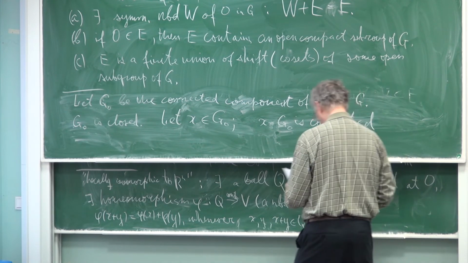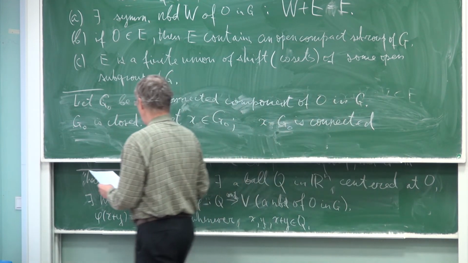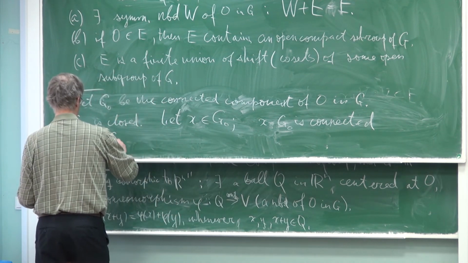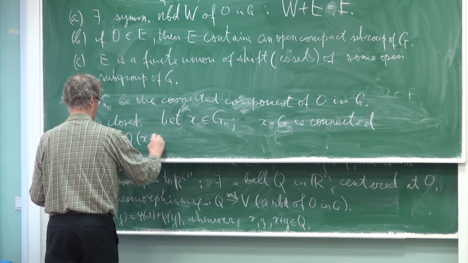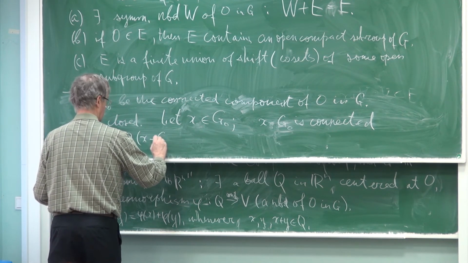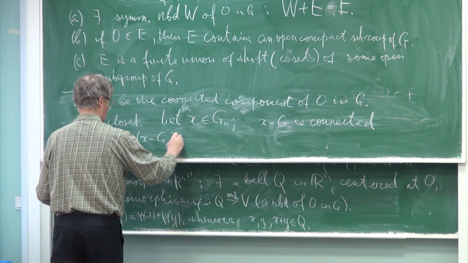And also it is clear that G0 intersected with this shift, x minus G0, is not empty.